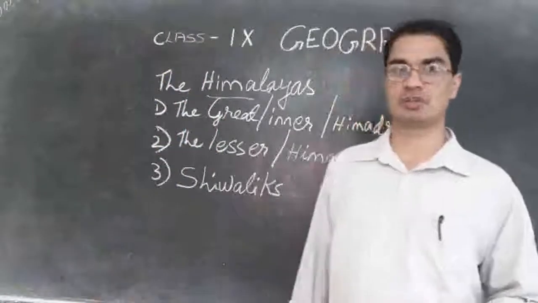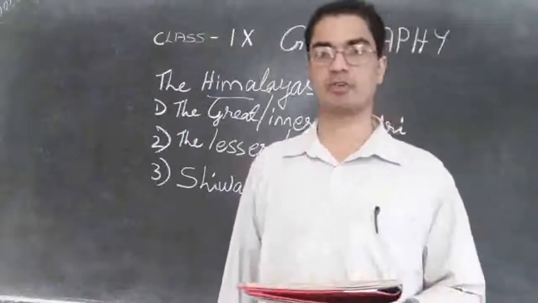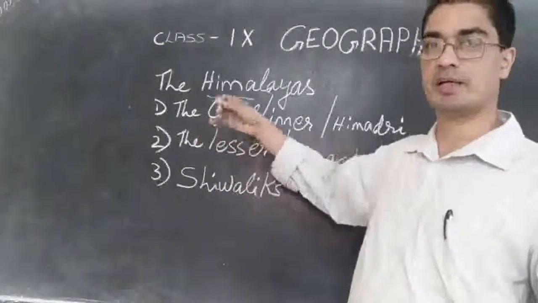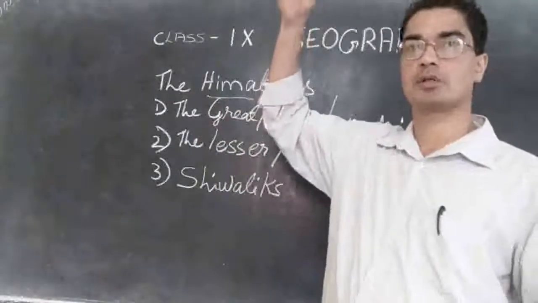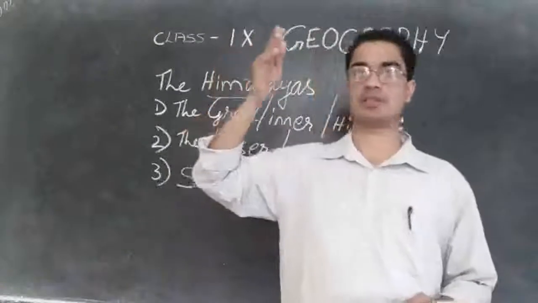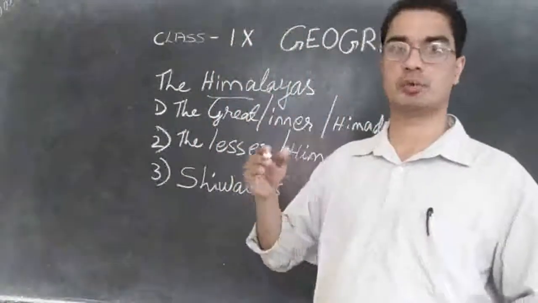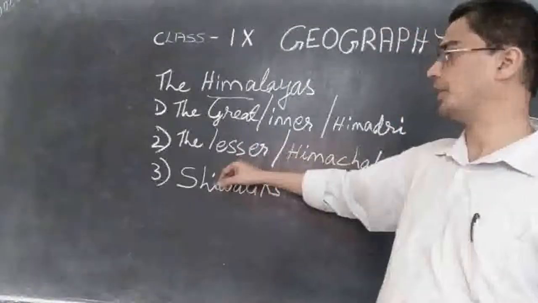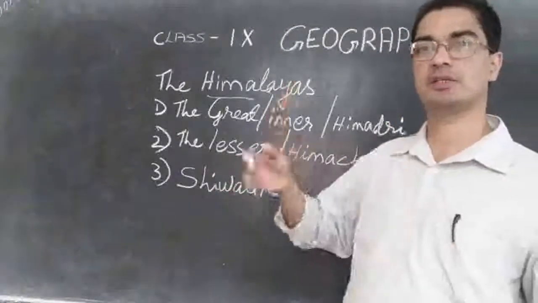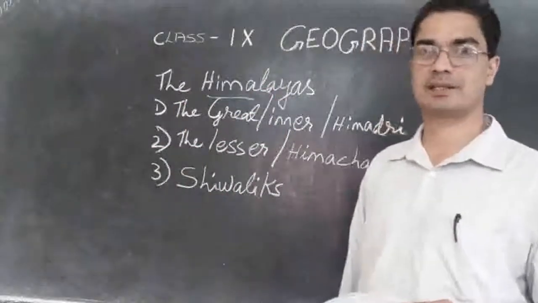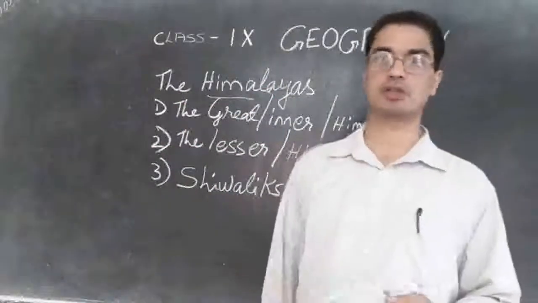In the Greater Himalayas, we see some tall peaks, but not too many. But here, great peaks are not there, but it is always up and down. Too many small peaks are there. Therefore, it is not even.